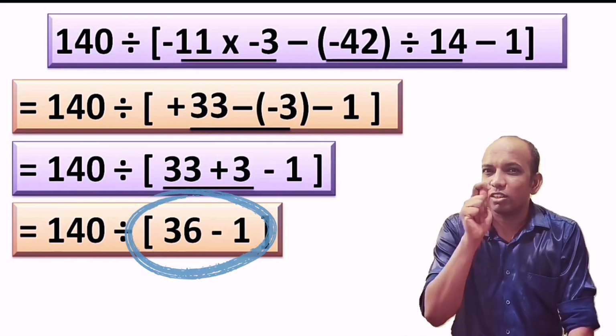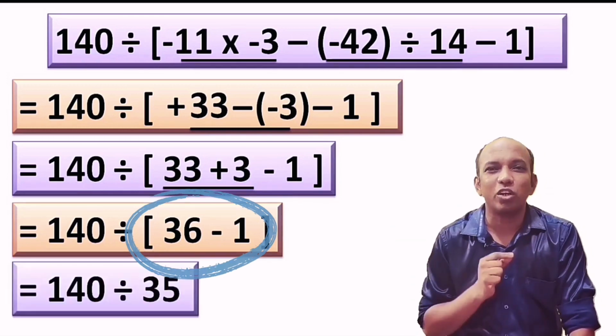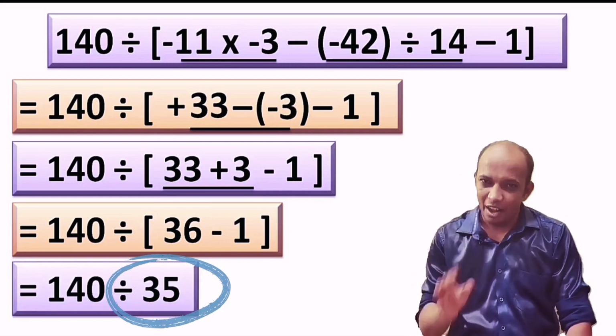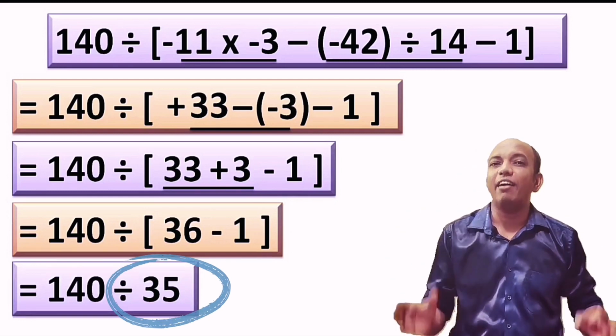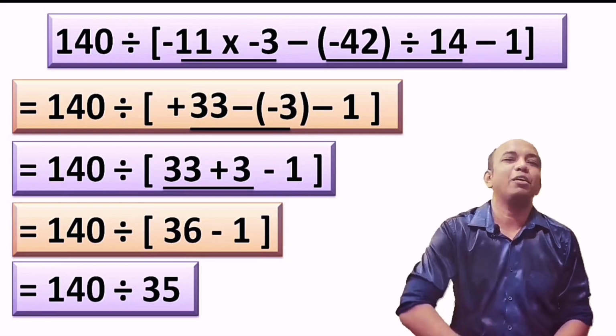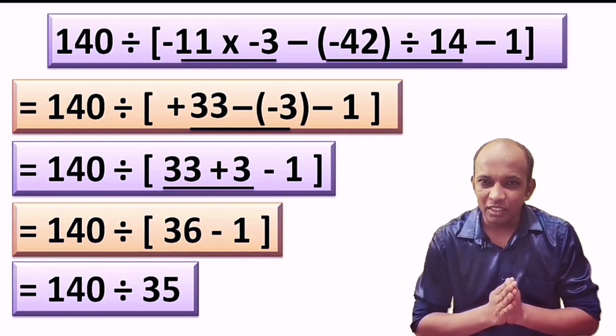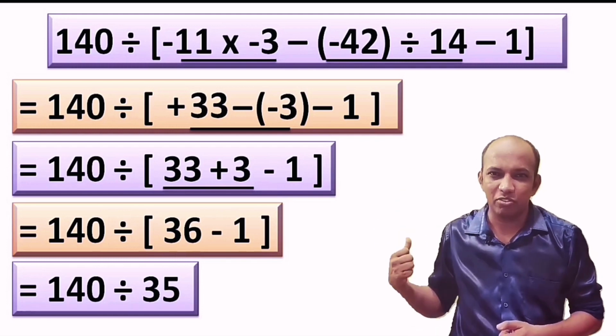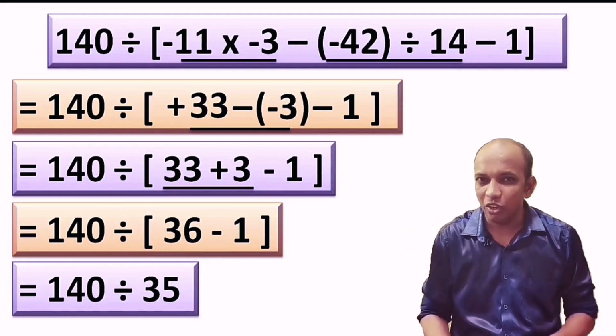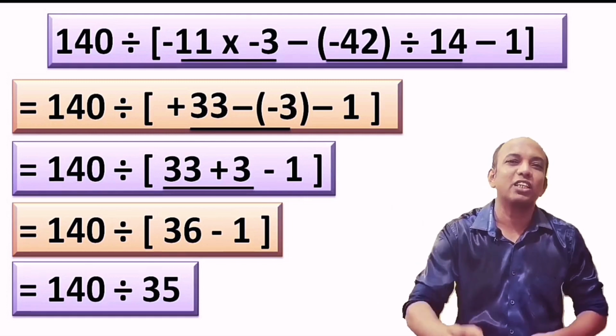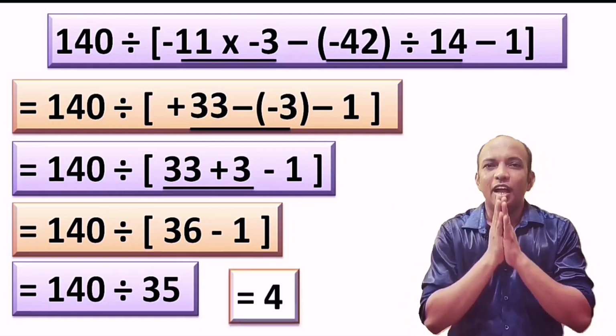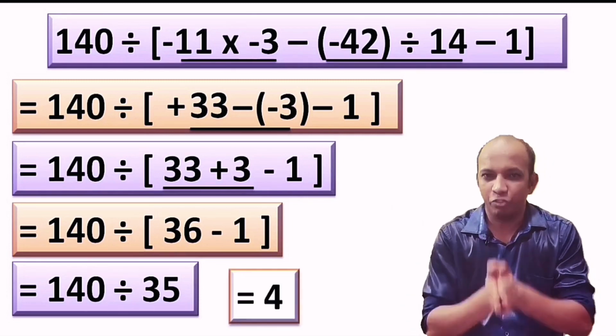Now subtract 1 from 36, what is the number left? 35. And now at last we have 140 divided by 35, right? And the moment you carry out the division, if you see the table of 35, you will come to know that 35 fours is 140, and that is why my final answer is 4.